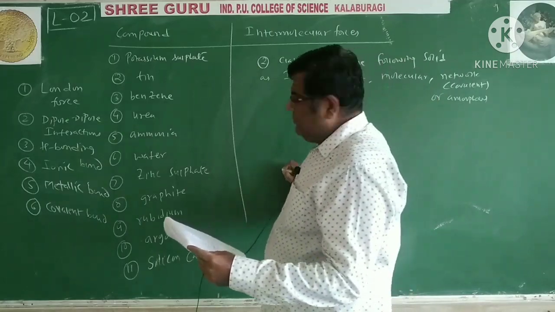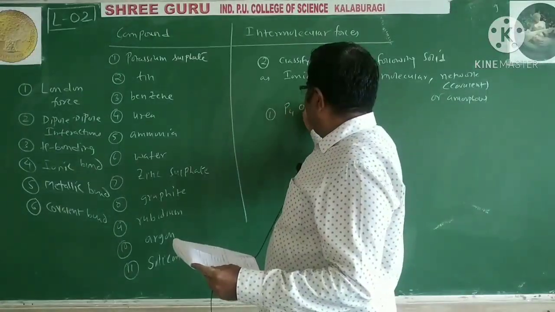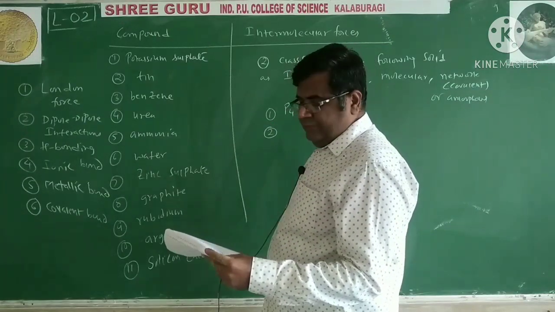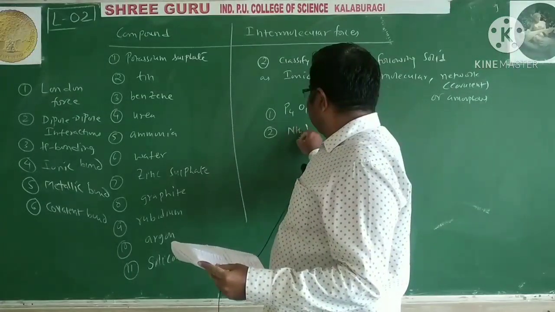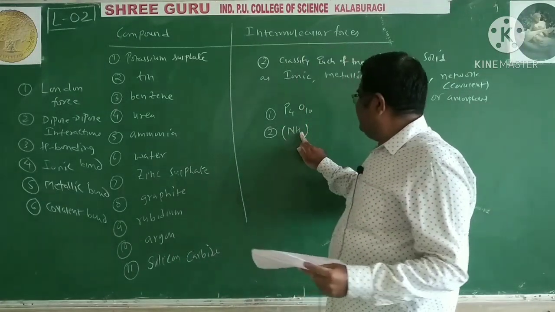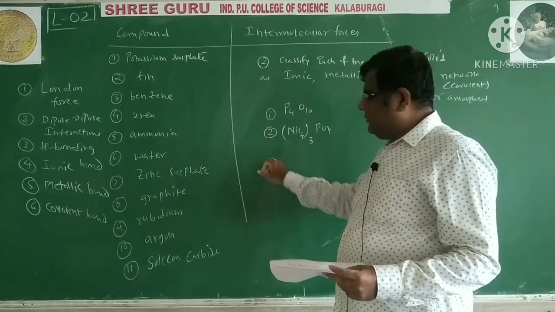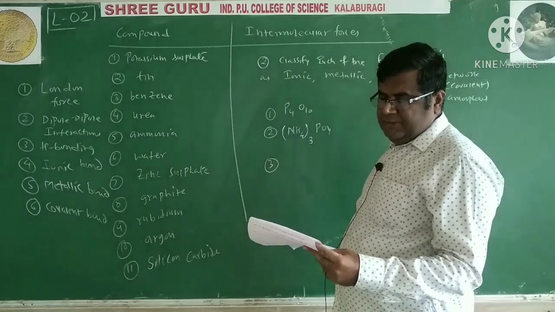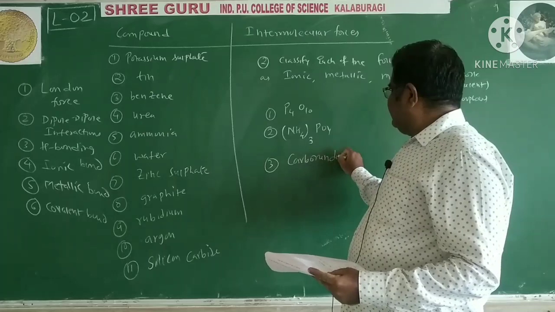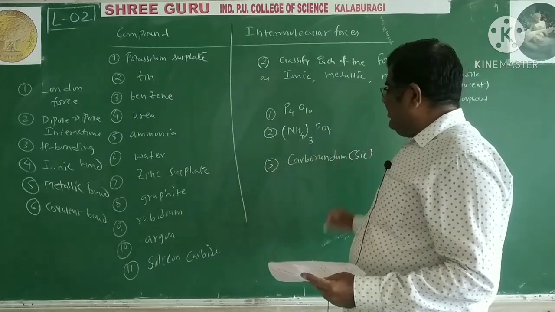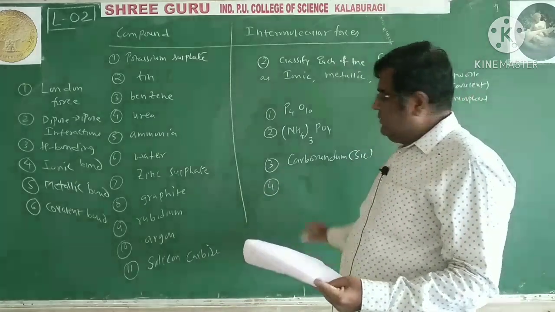So first is P4O10, second is ammonium phosphate, third is carborundum, which is nothing but silicon carbide. Fourth is iodine.